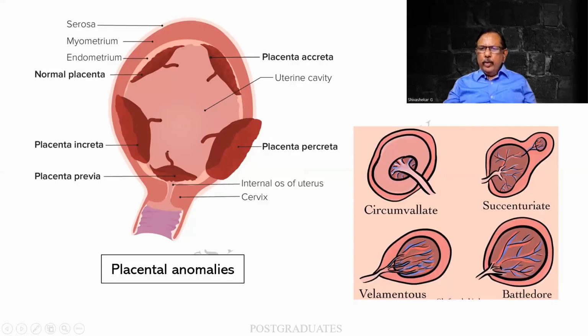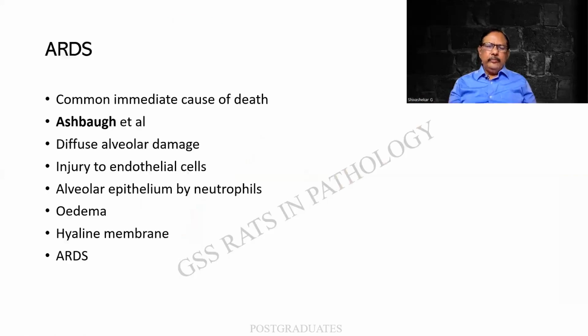And battledore is another abnormality. So these are some of the abnormalities we have already dealt with in placental pathology. Kindly go back to it. ARDS, one of the most common causes.